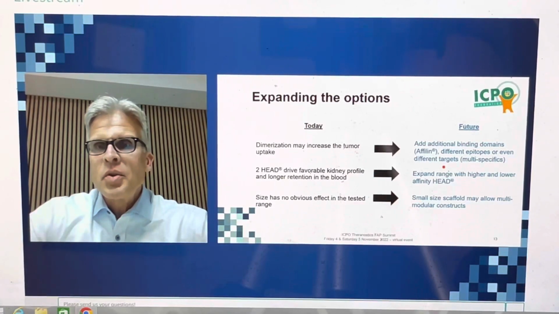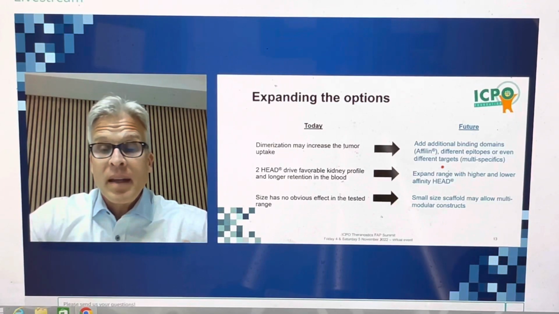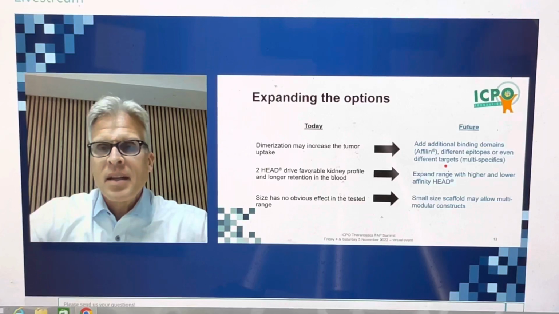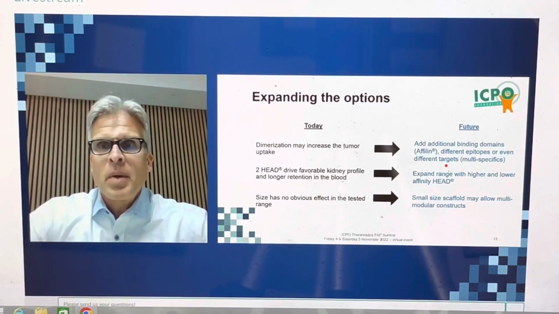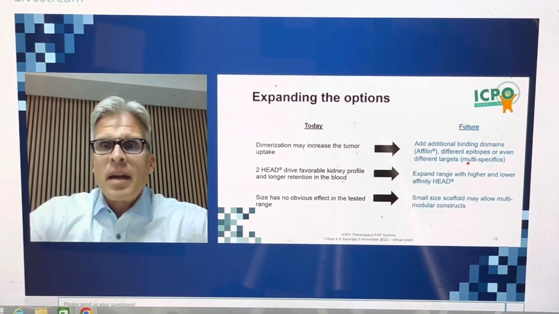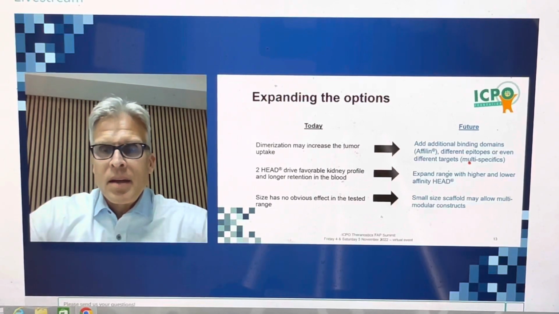The possibility to use these dimers, or even more binding moieties in a construct, seems to be quite enticing. And then also the possibility to combine that with the heterodimers. So additional targets in the construct.